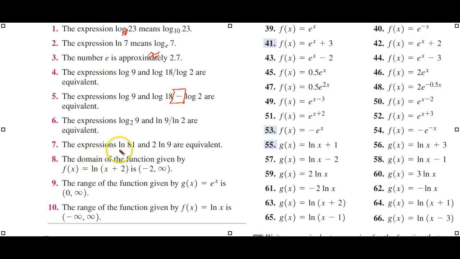The expression natural log of 81 and 2 natural log of 9 are equivalent. Because remember, this goes up as an exponent. 9 to the second is 81. So these are equivalent.